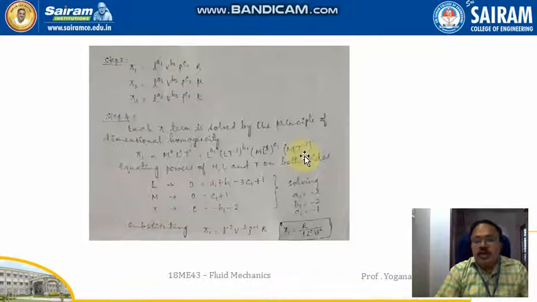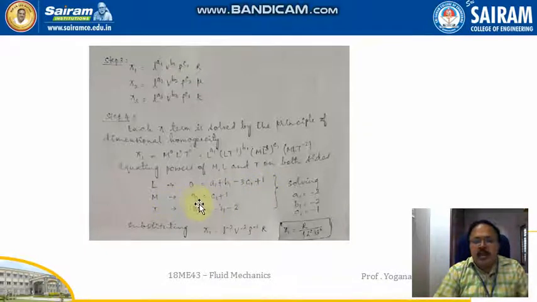So force is M L T to the power of minus 2. Equating the powers of L, M and T on both sides: for L, the power is 0 on the left side. On the right side, I have L to the power of A1, L to the power of B1, L to the power of minus 3C1 and L to the power of 1 here. So that is taken as A1 plus B1 minus 3C1 plus 1.